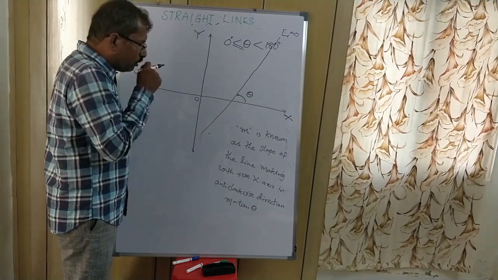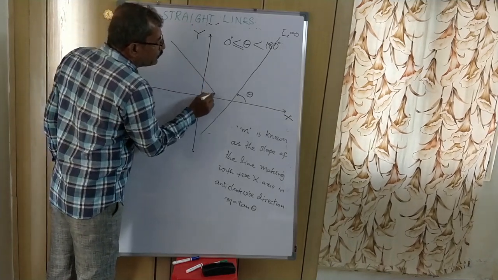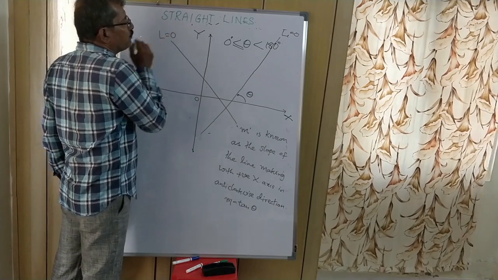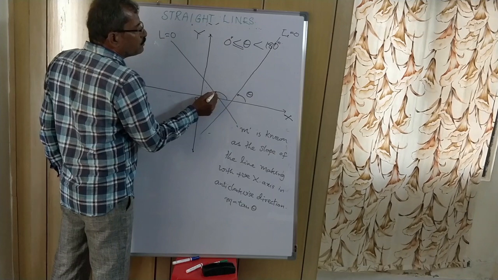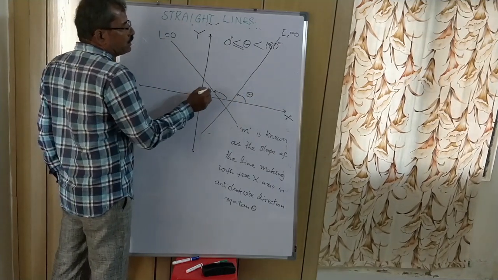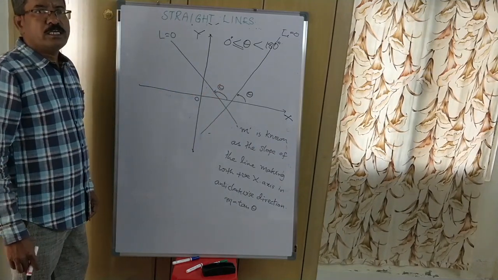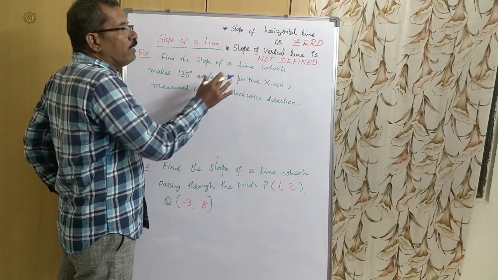Suppose my line is like this. This is L is equal to 0 and the angle between this line and the x-axis, theta, is more than 90 degrees. Students, we have to see some example problems on the slope of a line.